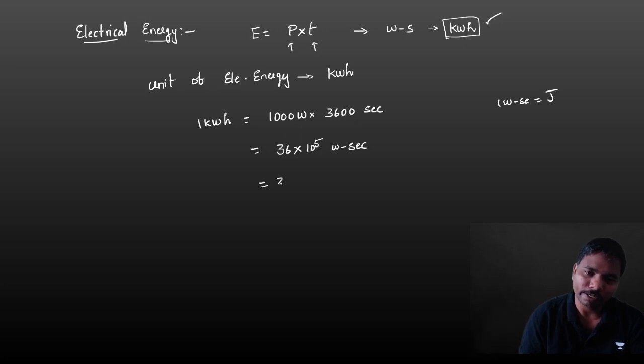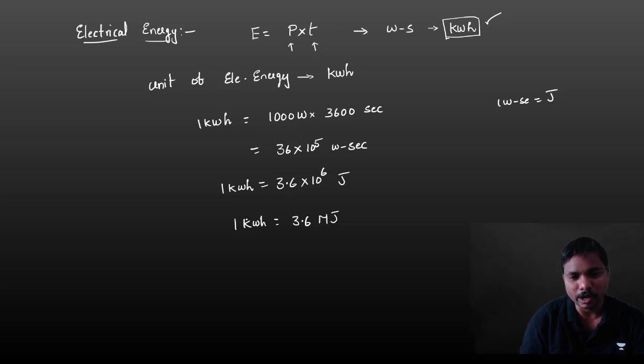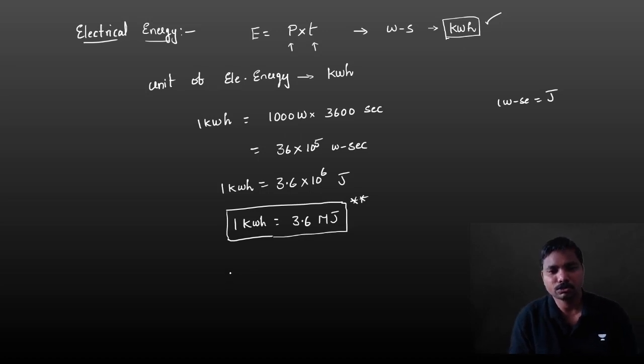I am going to take it as 3.6 into 10 power 6 joules. So 1 kilowatt hour is equal to 3.6 into 10 power 6 joules, and 10 power 6 means mega. So you have to remember this one, very easy to remember: 1 kilowatt hour is equal to 3.6 mega joules.